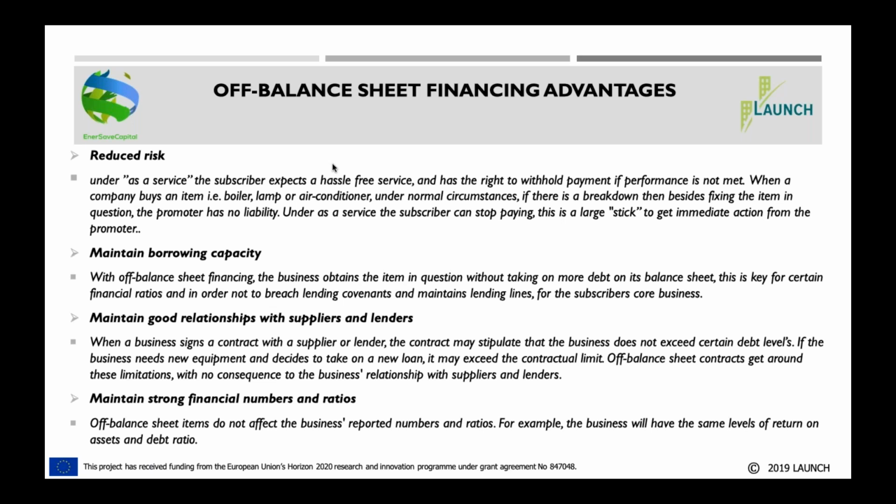Hence, if one can sell to a supermarket new lighting which is off balance sheet, the company, despite having lending covenants, will be able to retrofit and implement certain energy saving measures, which for the promoter is good for his business, and for the subscriber it's good for its P&L, because generally he will be making substantial savings.